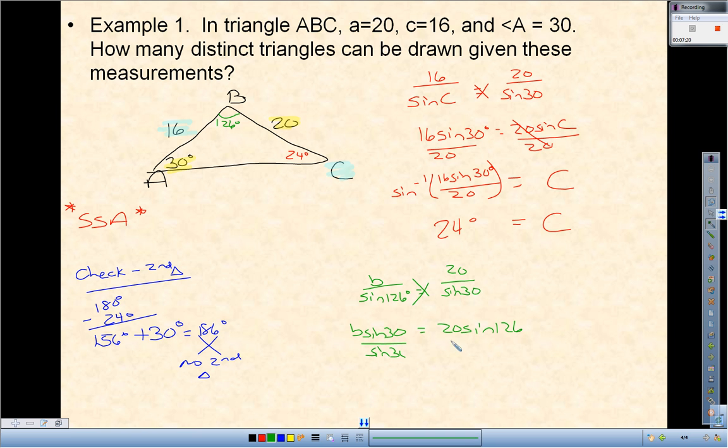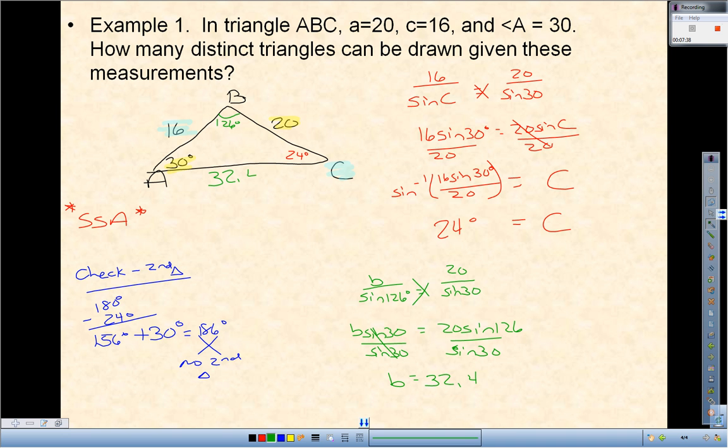I'm going to divide by sine of 30, so it's 20 sine of 126 divided by sine of 30, and that gives me approximately 32.4. That would be the length of that side.